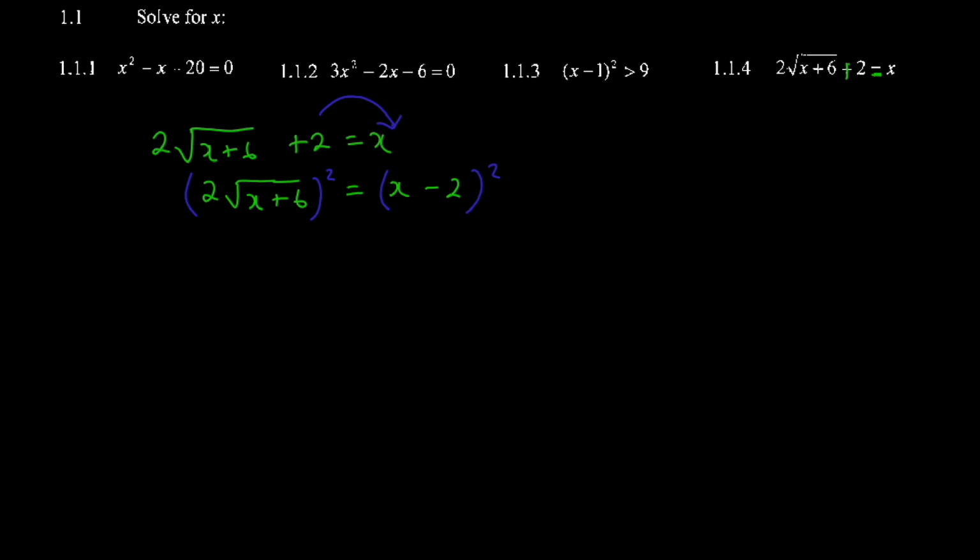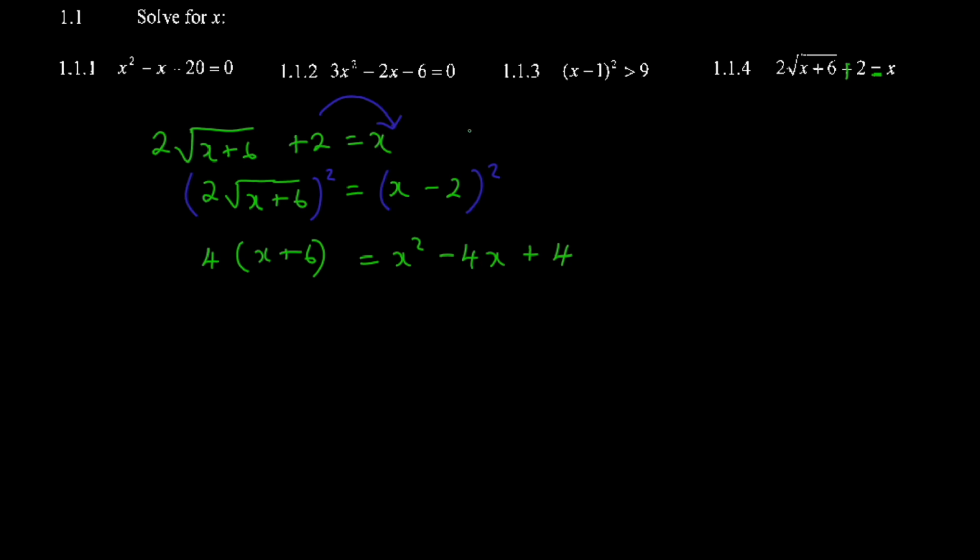So you can do that as long as you know that you're supposed to apply the square on the whole train, okay? So even this 2 is affected as well. So this 2 would read 4, and then this one you'd have x plus 6, just like this, okay? So here you can actually go ahead and expand so that we can minimize some of the steps. So here, for squares, it's supposed to be x squared. Then here, obviously, minus 2, then you get negative 4x. Then plus 4.